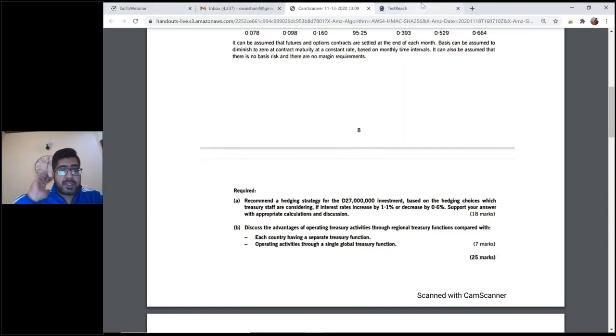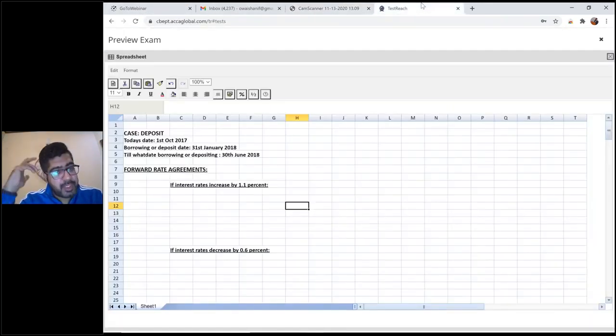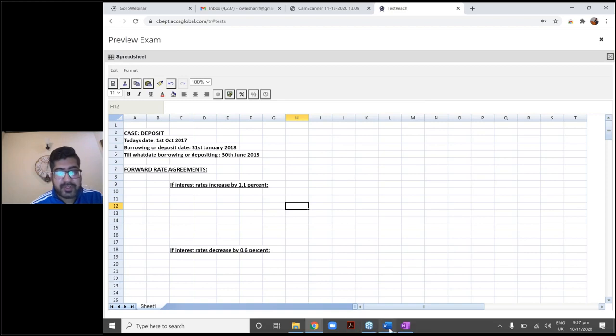So you're solving the first technique, forward rate agreement, and you need to solve it in both cases, if it increases or decreases. Okay, let's first note the format of forward rate agreements.